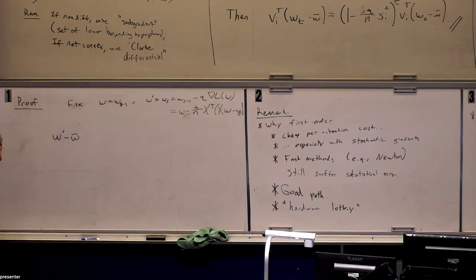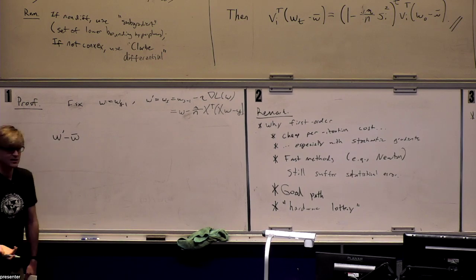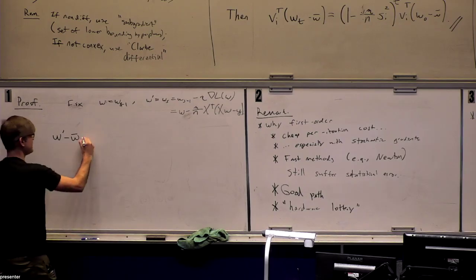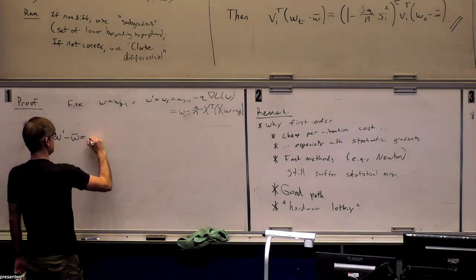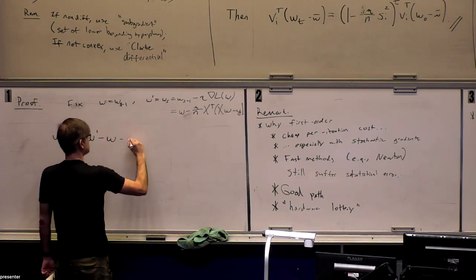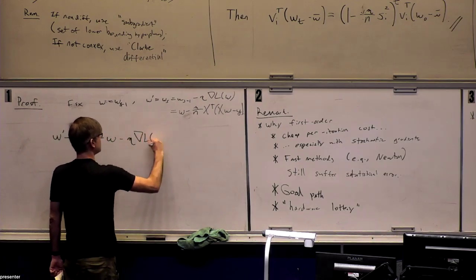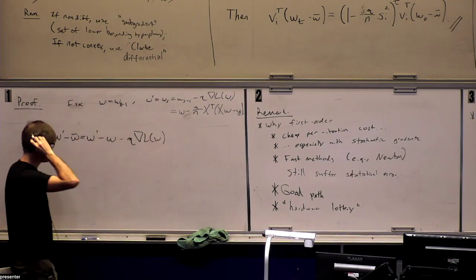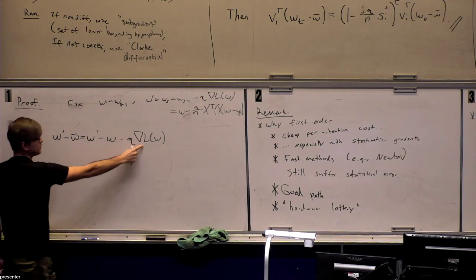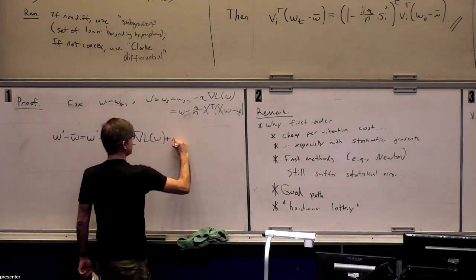If you want to write an equality, there's really nothing you can do except expand a bunch of definitions. I can expand out the gradient of W, but because W bar by choice has gradient equal to 0, I can also add that in.